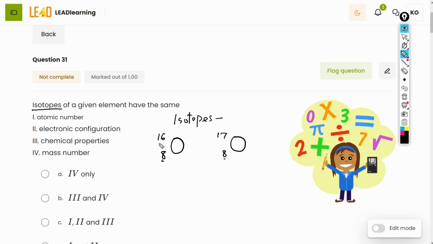What differs here is the atomic mass, and the component of the atomic mass that makes them differ is the number of neutrons. To get the number of neutrons, it's atomic mass minus proton number. So 16 minus 8 here gives us 8 neutrons.